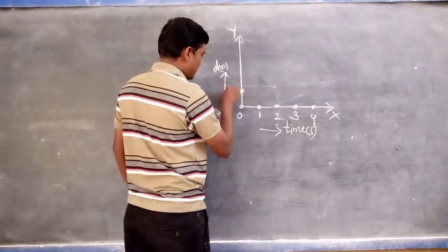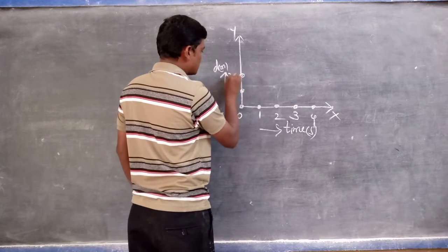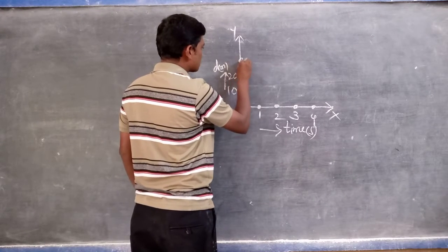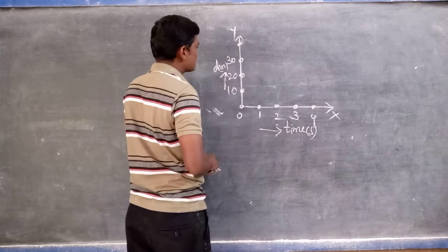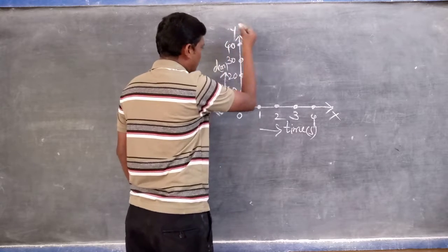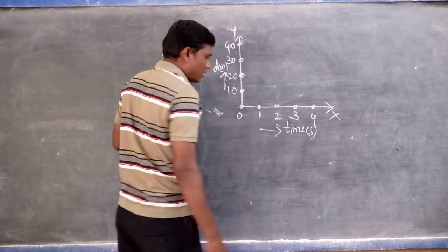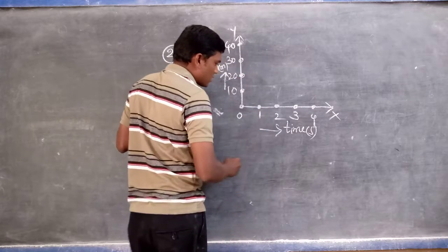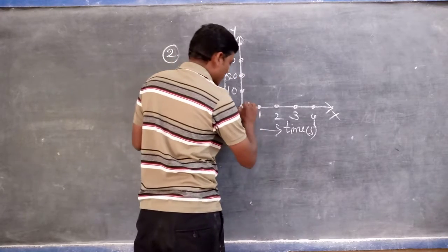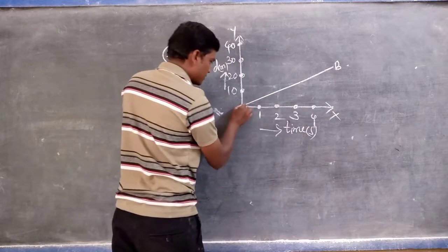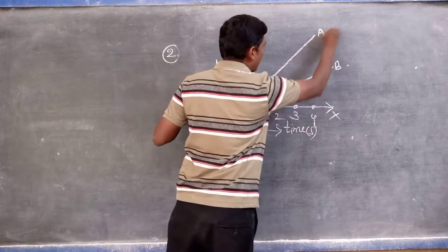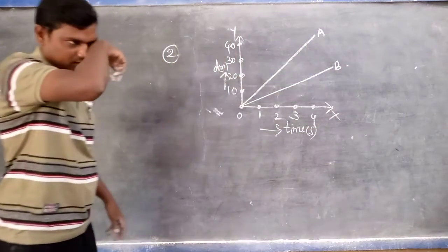Next here 10, 20, 30, 40. Okay. So now here we are observing that one car is the B car. It is the A car. The graph is given like that.